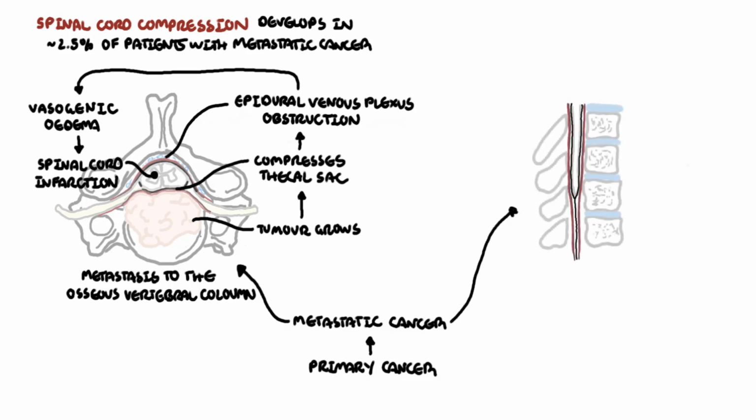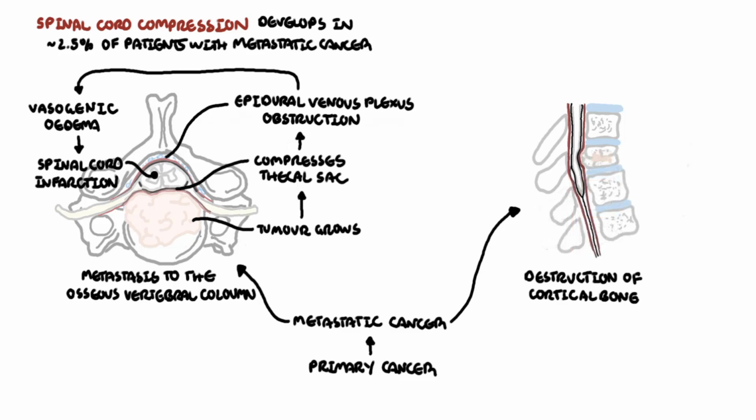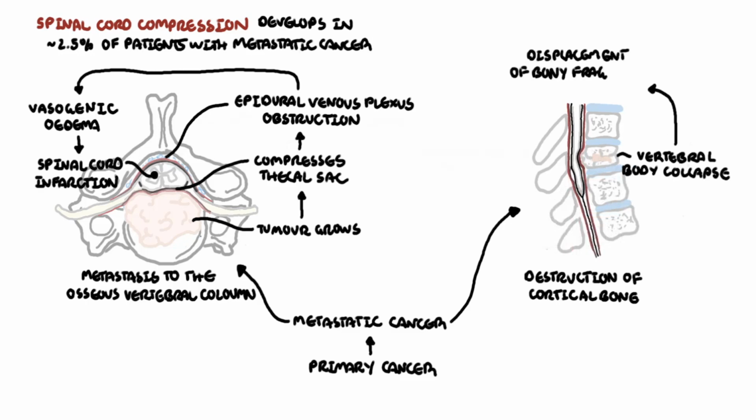Another mechanism of spinal cord compression is through destruction of the cortical bone, resulting in vertebral body collapse, with displacement of bone fragments into the epidural space, which can thus compress the thecal sac.